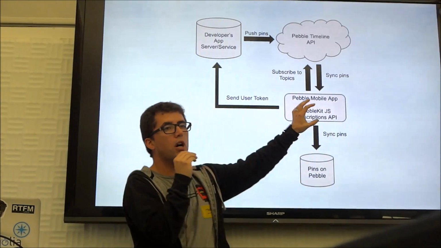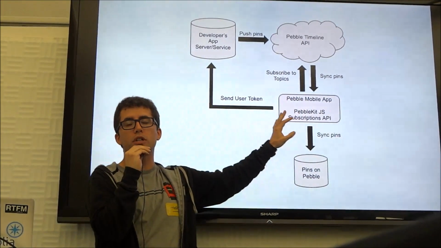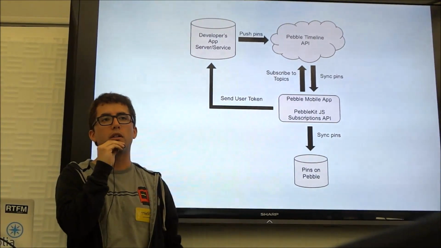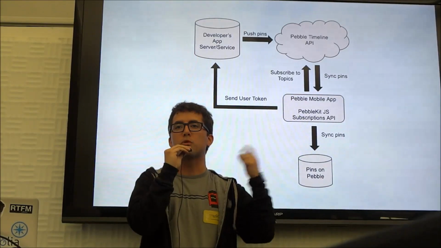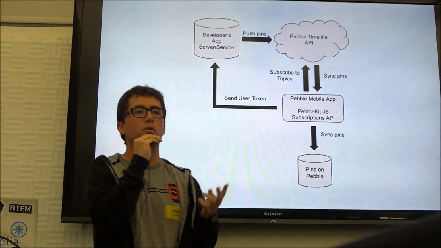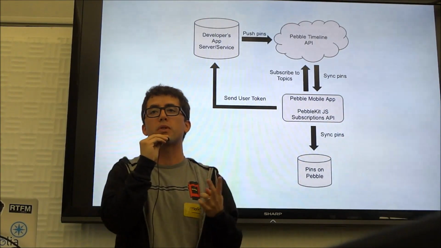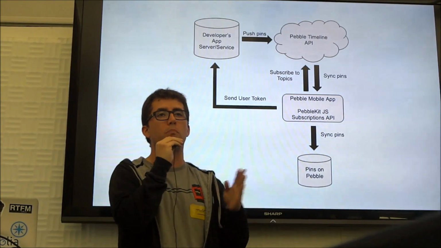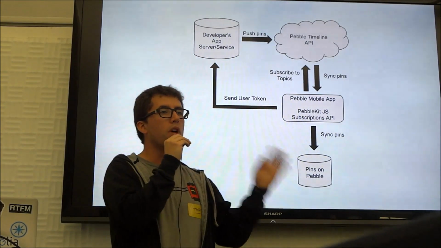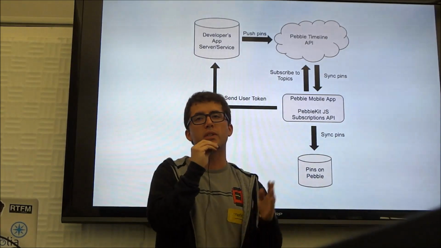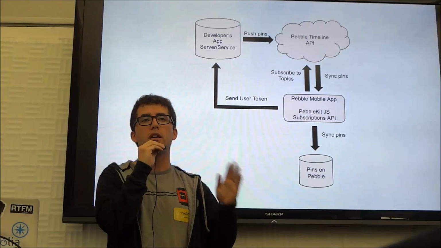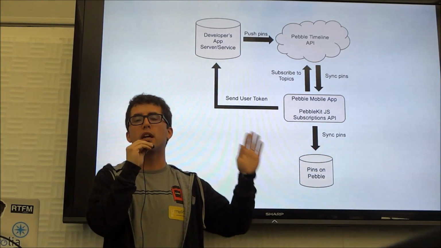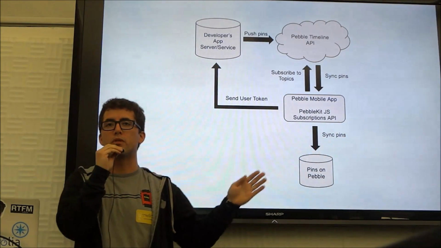On the phone, your app in its PebbleKit JavaScript file, the JS file that you include in your app, can request to subscribe the user to the timeline in 2 different ways. The first way is to say, I want to subscribe to the topic soccer or weather San Francisco. And the second way is to call your own server in the cloud and to say, this is a user ID and I want you to send information to this user ID.